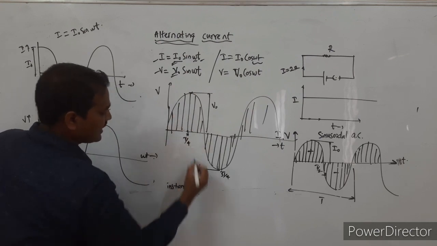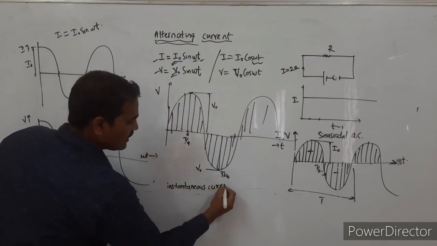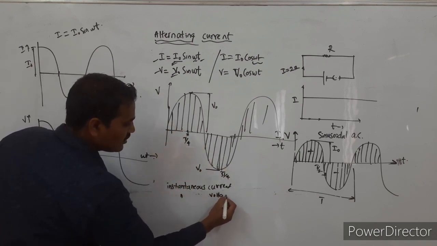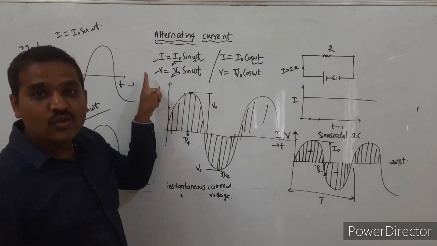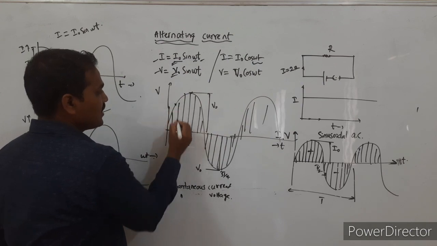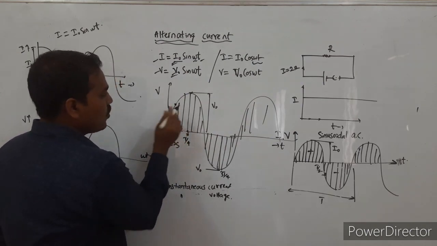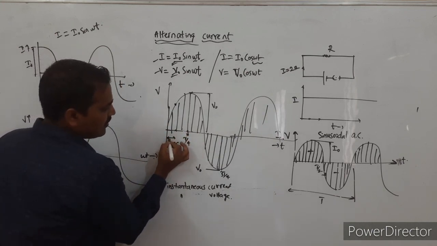If I am considering current, it is called instantaneous current, and if I consider the voltage, it is instantaneous voltage. It is the value of the current or voltage at a given time. If I consider this time here, let us say after time t is equal to 2 seconds, what is the value of voltage? I will consider the time of 2 seconds.